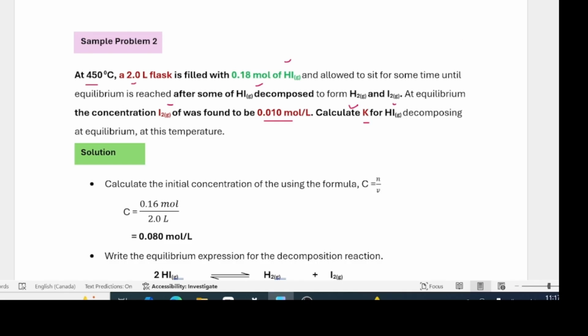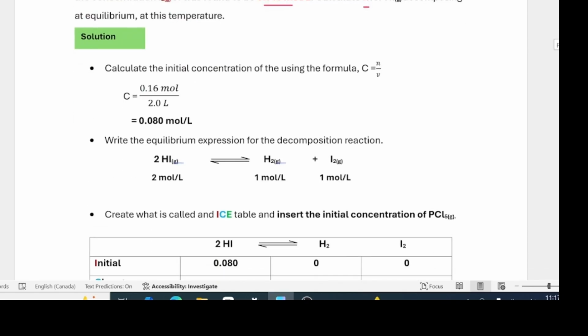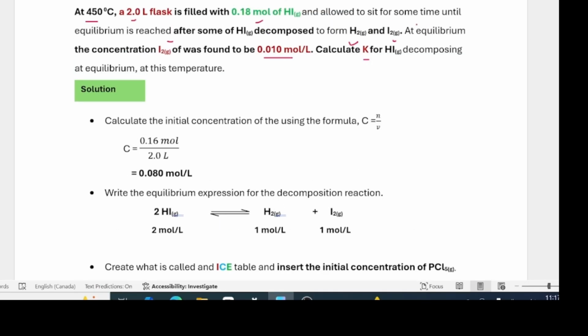Again, like we did in the previous problem, we find the initial concentration of the hydrogen iodide by taking its number of moles and dividing by liters, and it works out to be equal to 0.080 mole per liter.